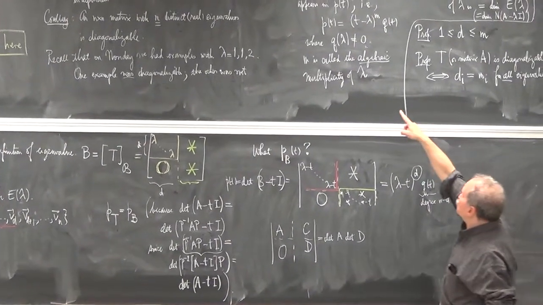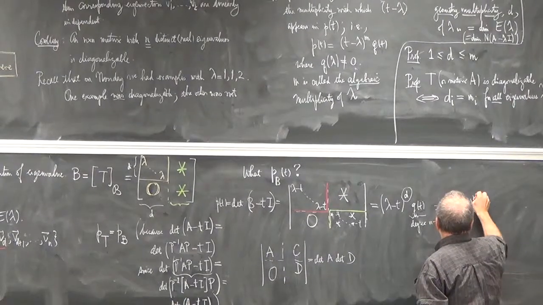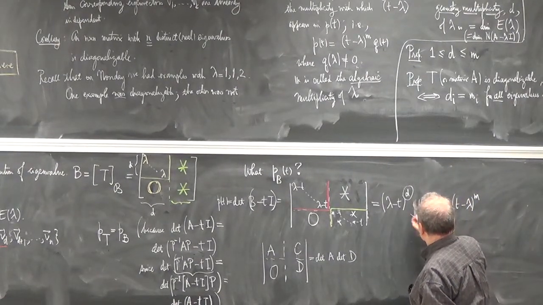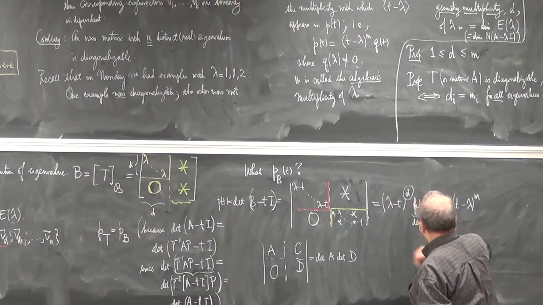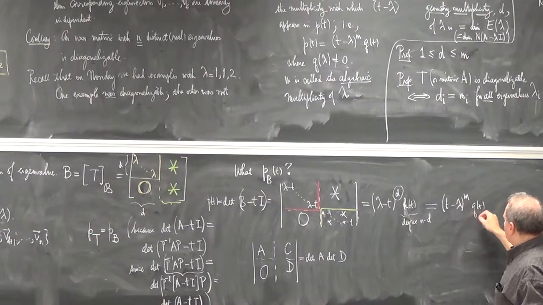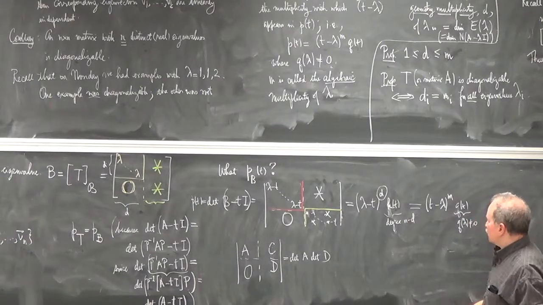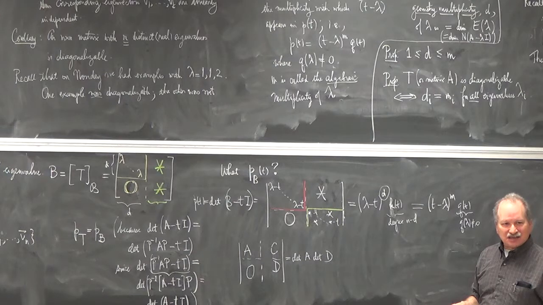Look at the definition. This is supposed to equal (t minus lambda) to the m times, I shouldn't have used q here, so let me call this something else. Let me call this k of t. And here we knew that q of lambda wasn't 0. So m has to be at least d, right?